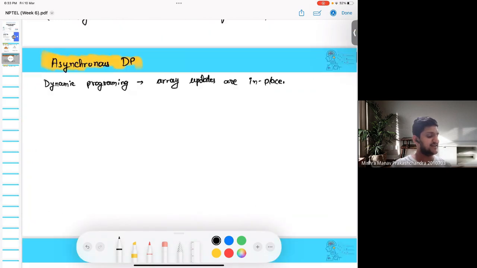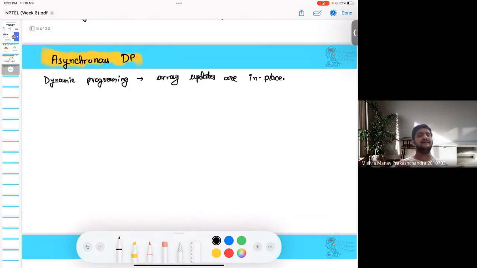But what asynchronous DP does is, any update to the value function that I make will be in place. If I am trying to update only state S1, I need not wait for an entire sweep of the state space in order to make a single update to the value function.